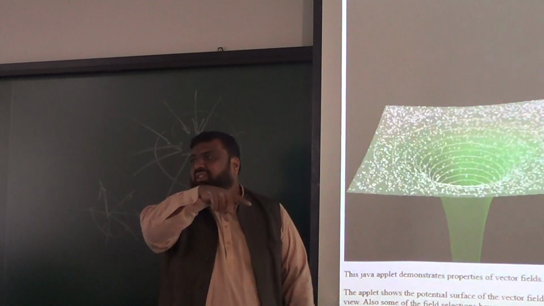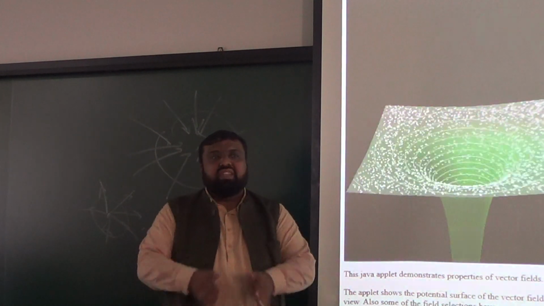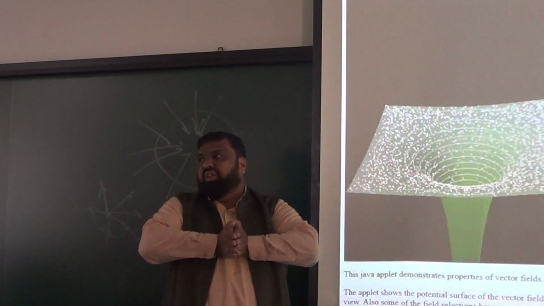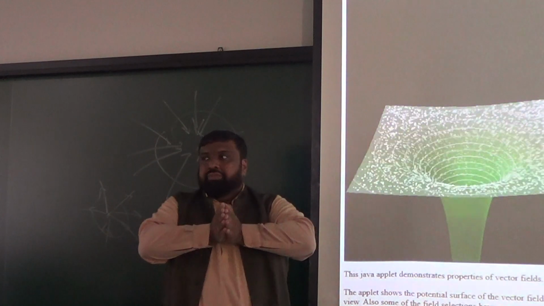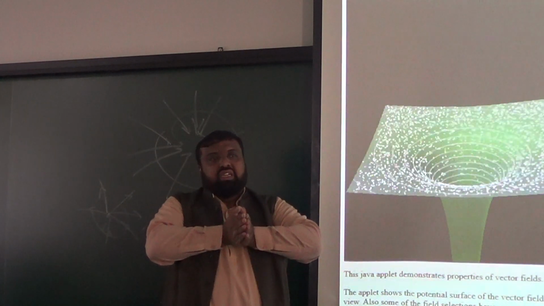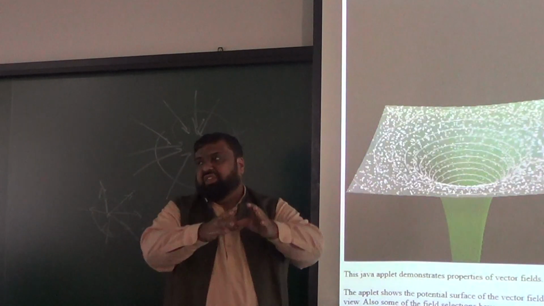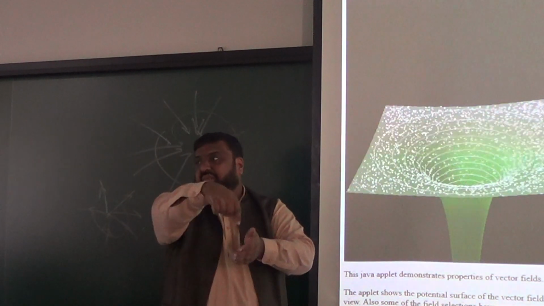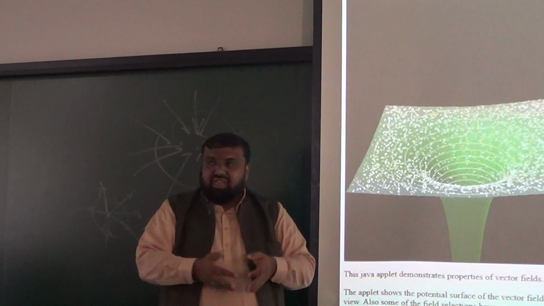It may have curl, obviously. But as last time we discussed, even things which are flowing in a straight direction, like the water in a river, maybe the things are not rotating, but still there is curl.